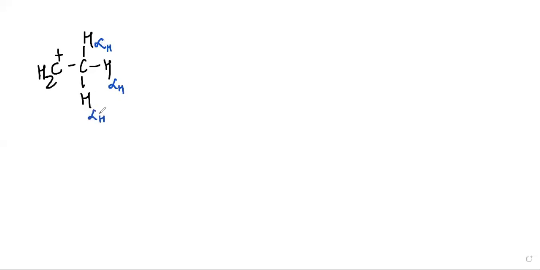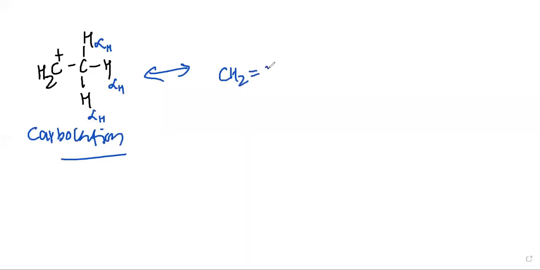And when you have alpha hydrogens present around the carbocation, what happens from this? You will get a structure CH2 double bond C H H, and then you have H plus here. This is structure number 1.